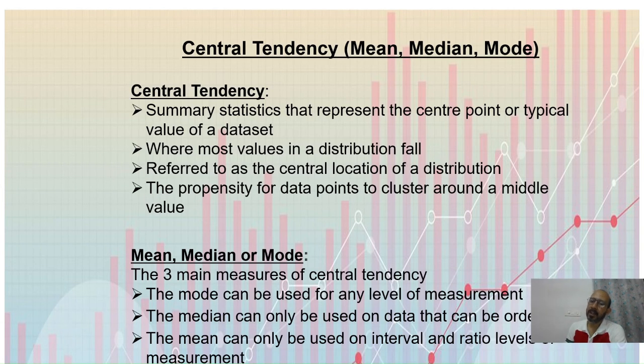But sometimes only 1 or 2 of them are applicable to your dataset, depending on the level of measurement of the variable. The mode can be used for any level of measurement. The median can also be used on data that can be ordered. The mean can only be used on interval and ratio levels of measurement.